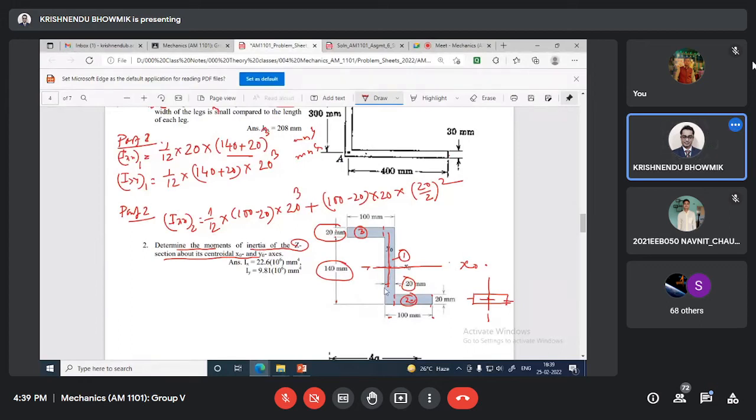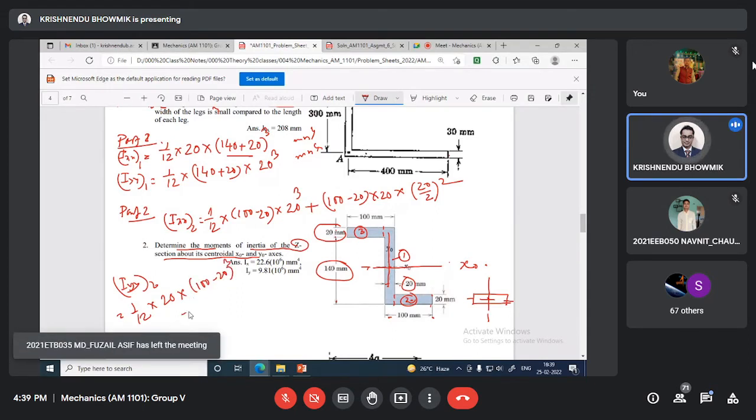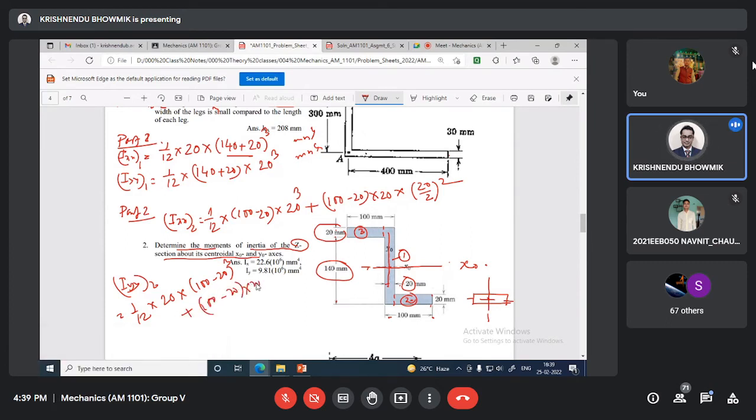Then for the same part, Iyy2 will be 1 by 12 multiplied by base 20 multiplied by height cube, plus area 100 minus 20 multiplied by 20 multiplied by distance squared.